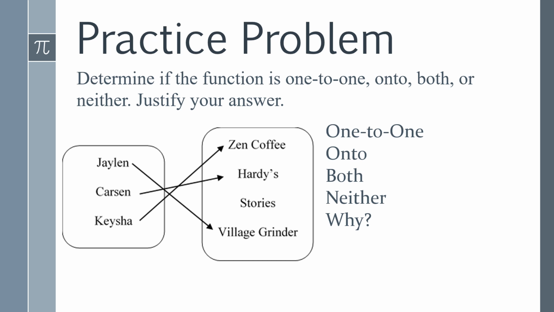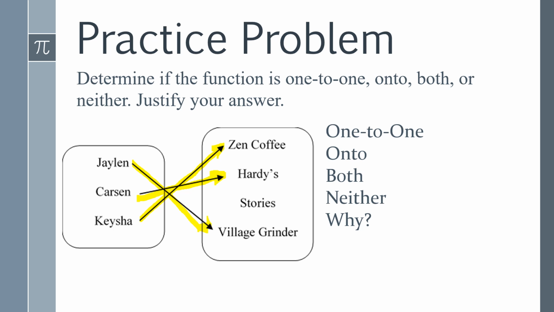Okay, match this one up. Okay, this problem is very similar to the one we used in our example of what this is. So Jalen goes to Village Grinder, Carson goes to Hardee's, and Keisha is at Zen Coffee.